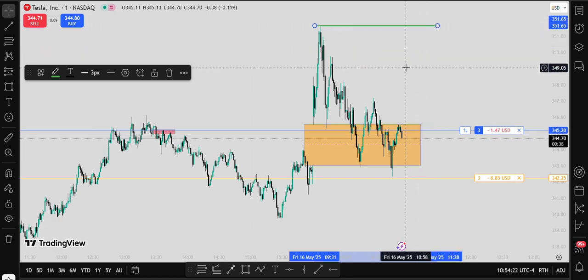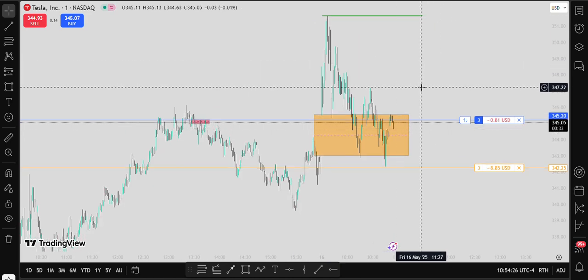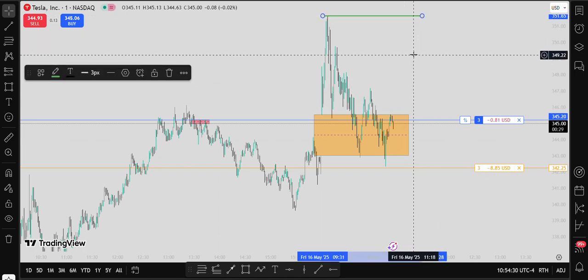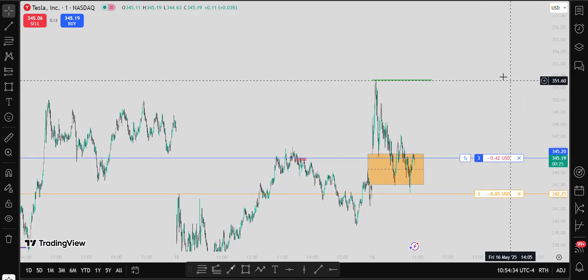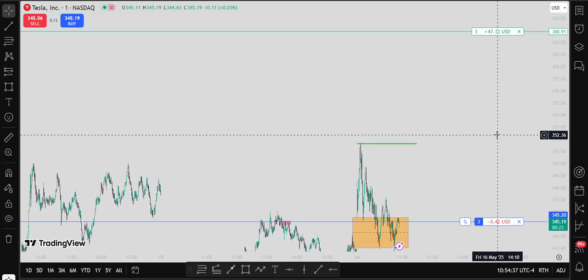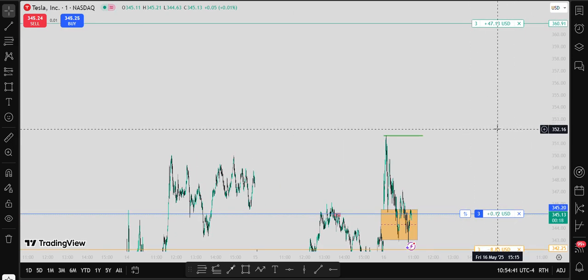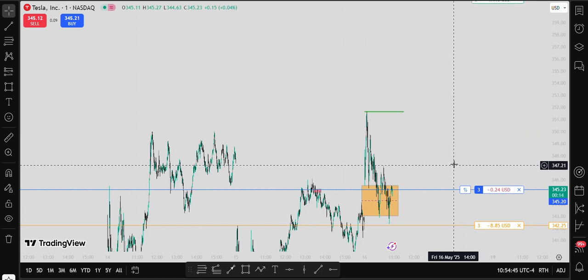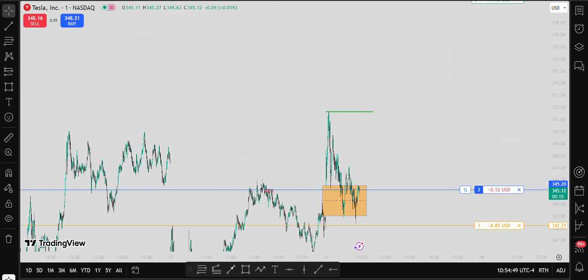So let us watch out and see what's going to happen, hoping that we're going to get a good move to this target. My projection, or my future projection, is at least to hit 360, and let's see. I'm going to trail my stop as we see whether we're going to catch that.